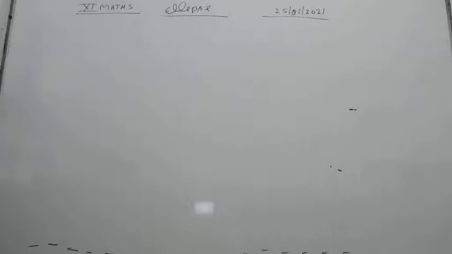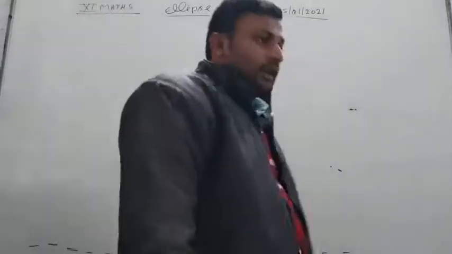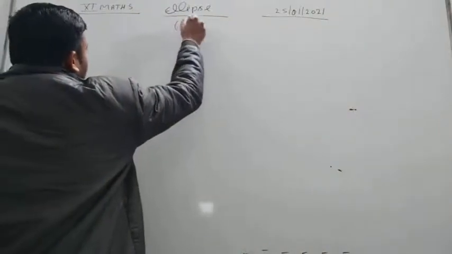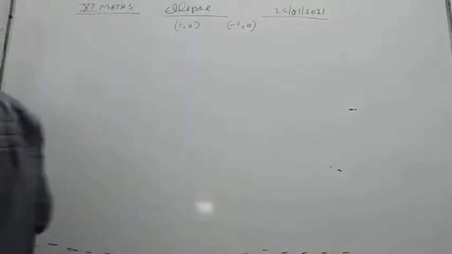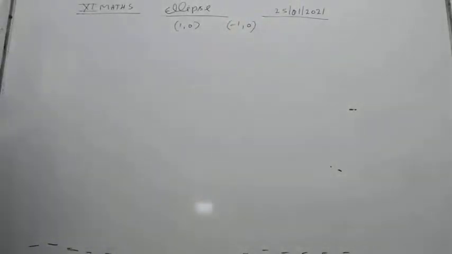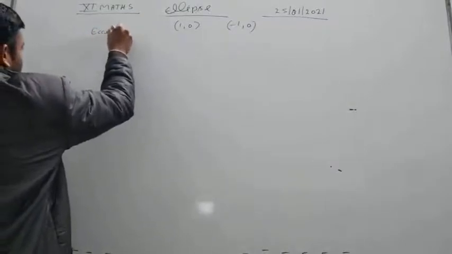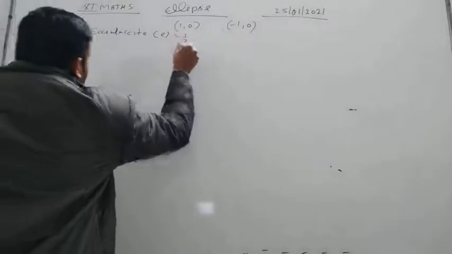and eccentricity is 1 by 2. Okay students, so we are given that we have to find the equation of ellipse whose foci are 1 comma 0 and minus 1 comma 0, and eccentricity is 1 by 2.